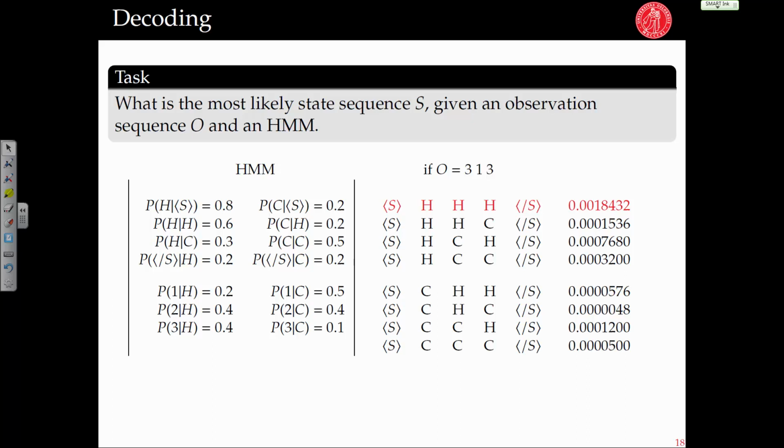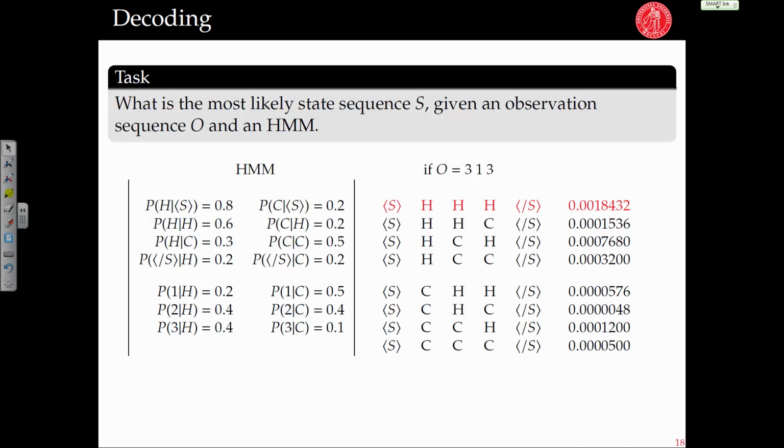But this is exactly the problem I wanted to refer to: enumerating all possible sequences is not something you can just do. Here we have a toy example, with just two states and three elements in the observation sequence. But if you have an observation sequence of length 8 and 45 states, you cannot just enumerate all possible sequences and compute their probabilities. So we need to find a way to actually solve this problem.